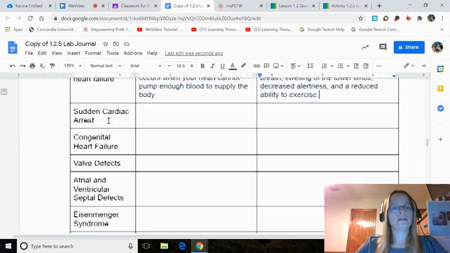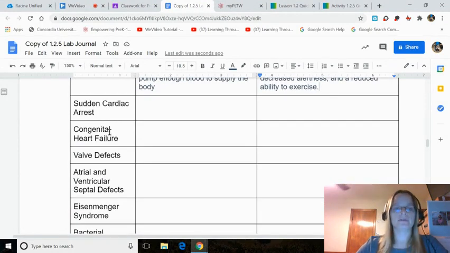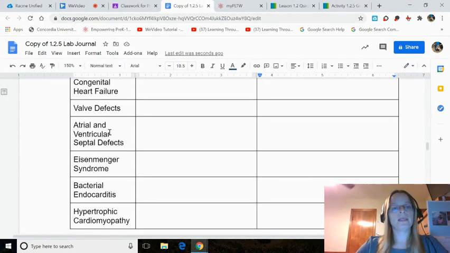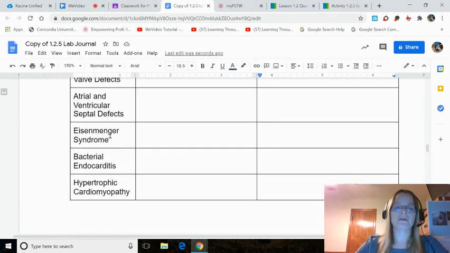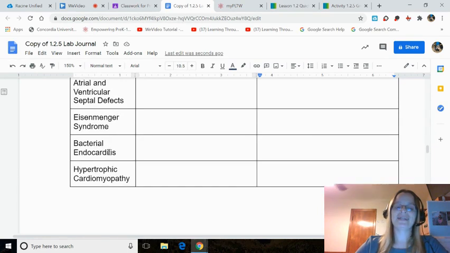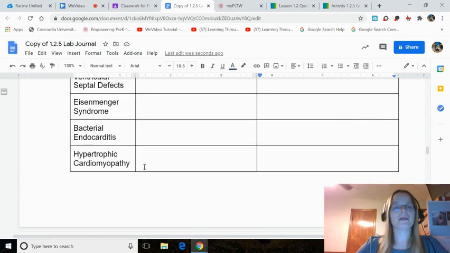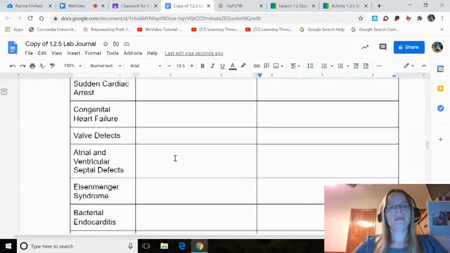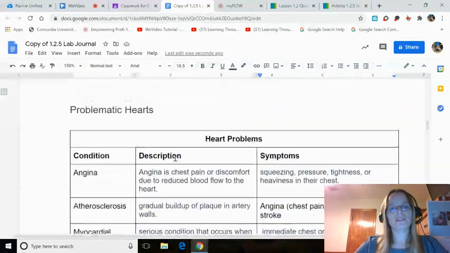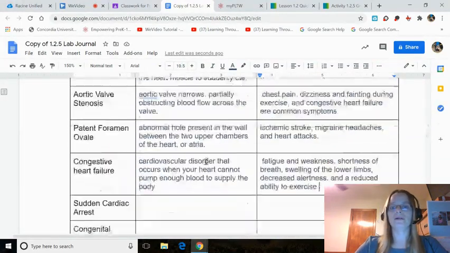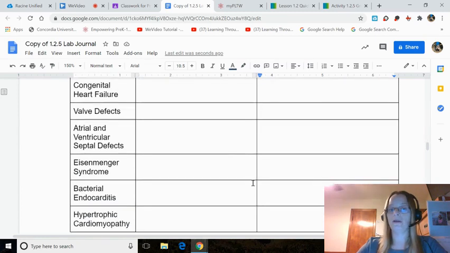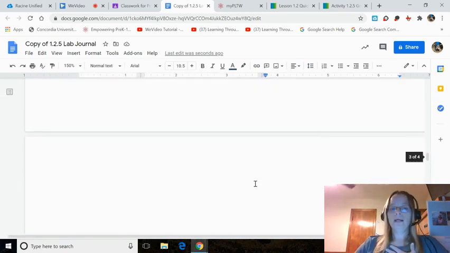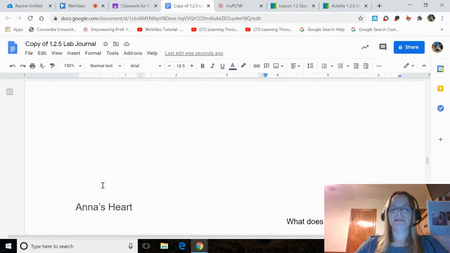You have sudden cardiac arrest, congenital heart failure, valve defects, atrial and ventricular septal defects, Eisenmenger syndrome, bacterial endocarditis, and hypertrophic cardiomyopathy. You will complete this chart using Google. That's why I broke this assignment into 2 days, because you have to do this on your own. You'll be all right.